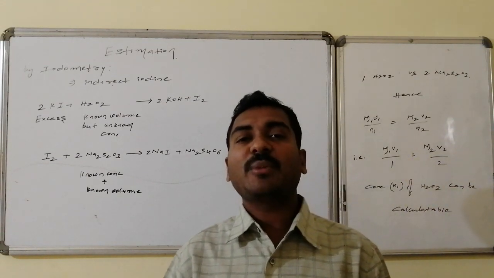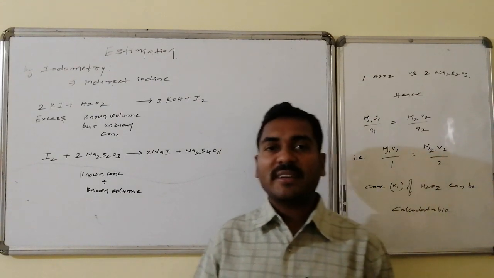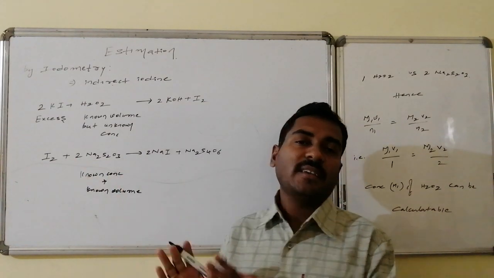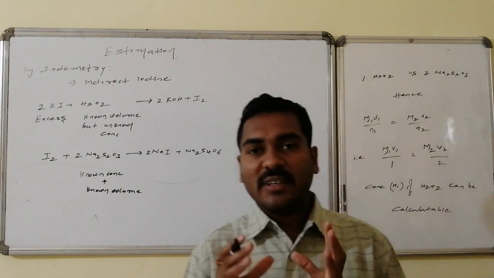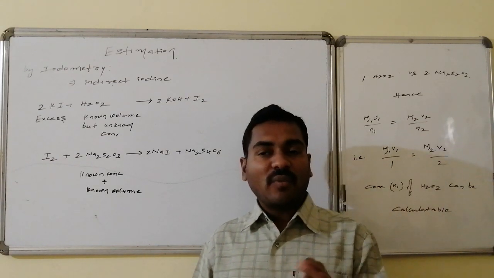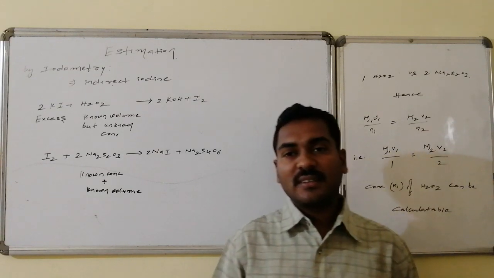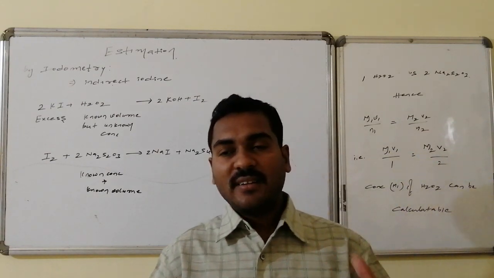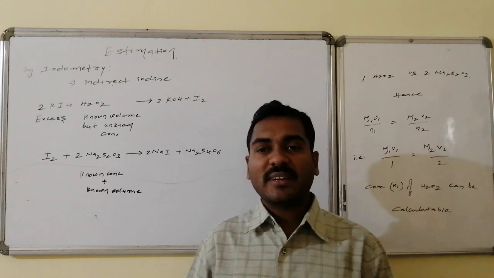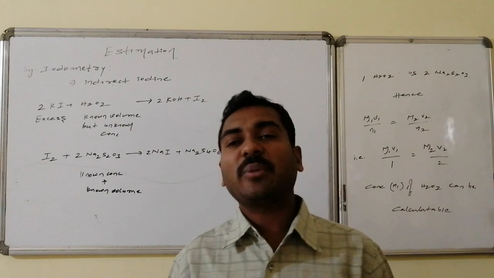Starch has amylopectin and amylose units. When the equivalent amount of iodine has reacted with the sodium thiosulfate, if one drop of iodine is in excess, it combines with the starch, and the iodine molecule is trapped in the amylose and amylopectin, and that gives the blue color. The blue color is the identification of the end point.